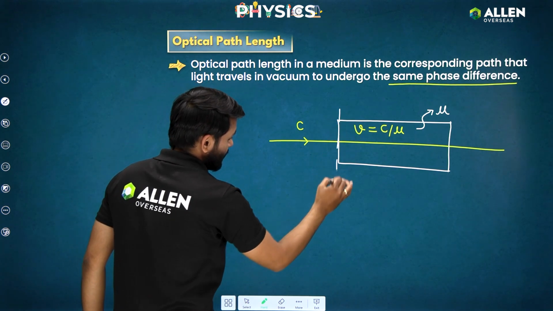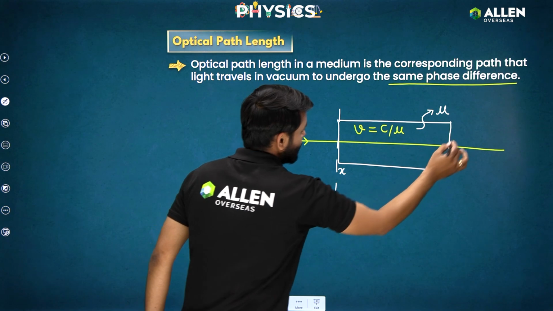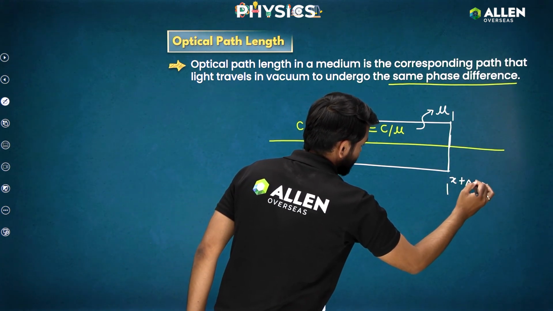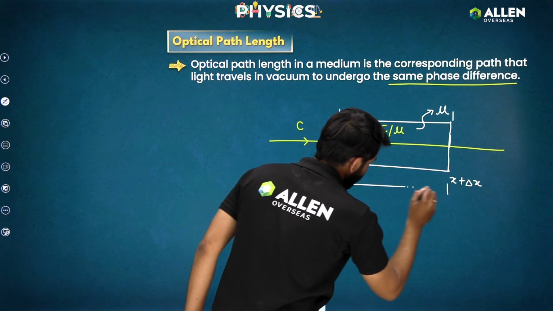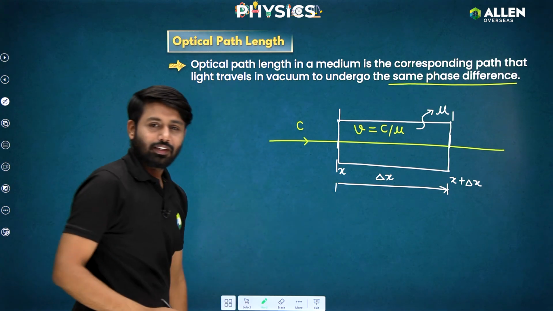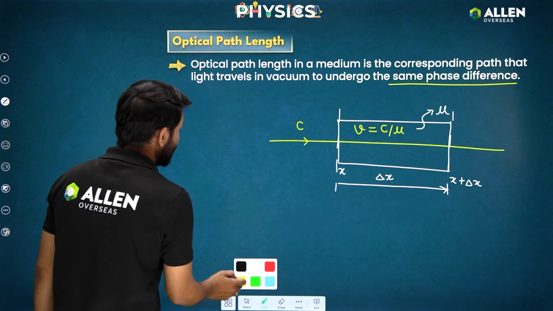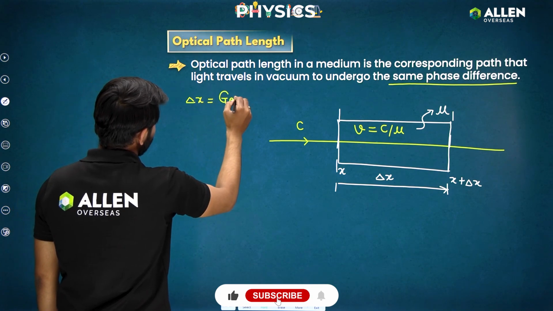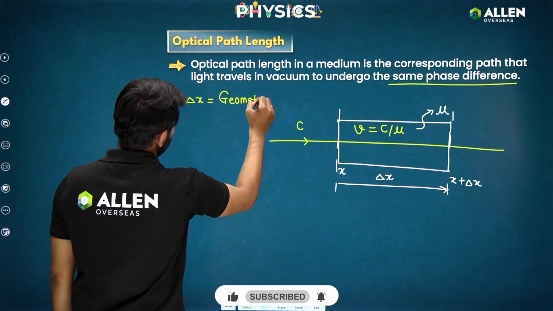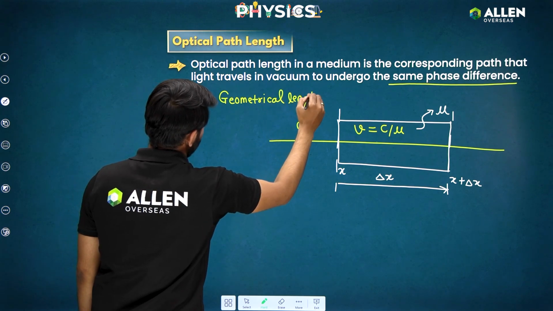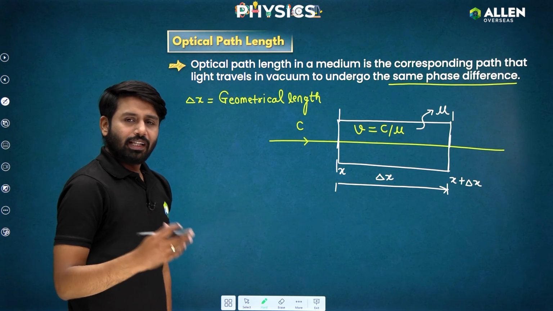Let's say this point is x and this point is x plus delta x. This length delta x I term the geometrical length, right students?